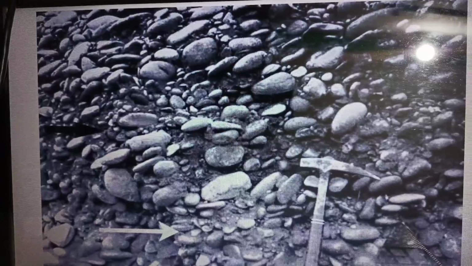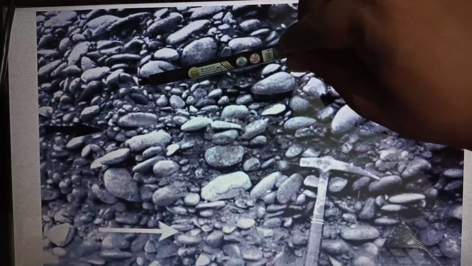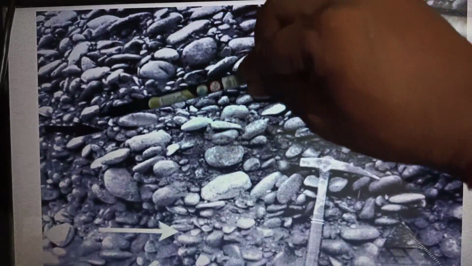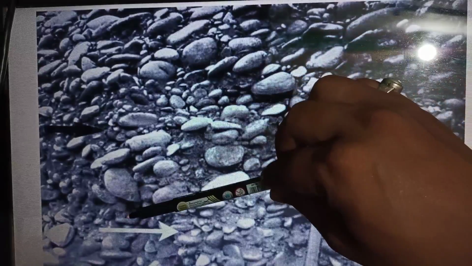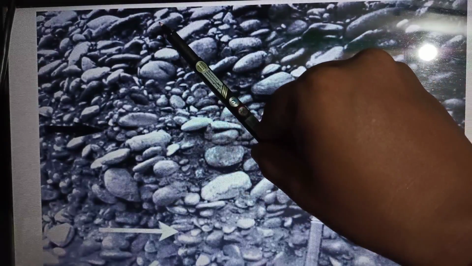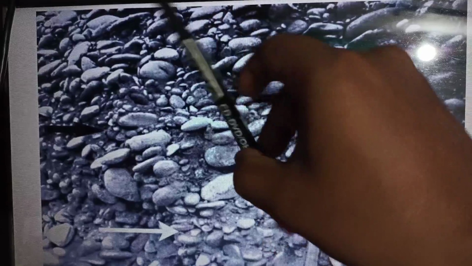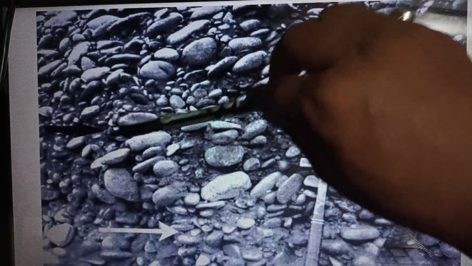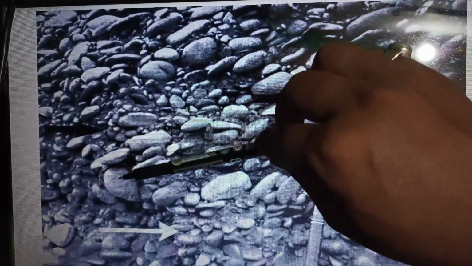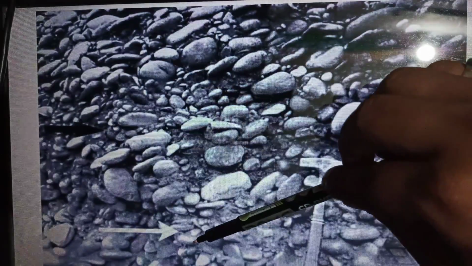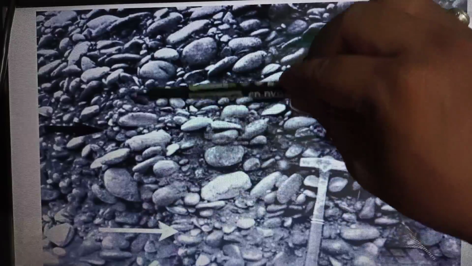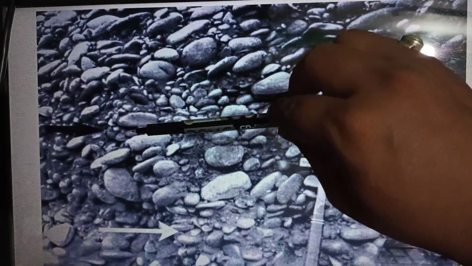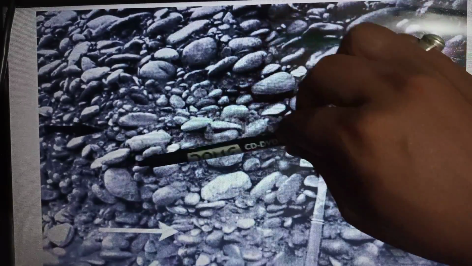Now try to see the imbrication or the grain orientation. You will see that all grains are oriented similarly like this. Otherwise the grains are haphazardly oriented, in any direction. Due to the transportation direction provided by the stream, the pebble grains are arranged in this manner.